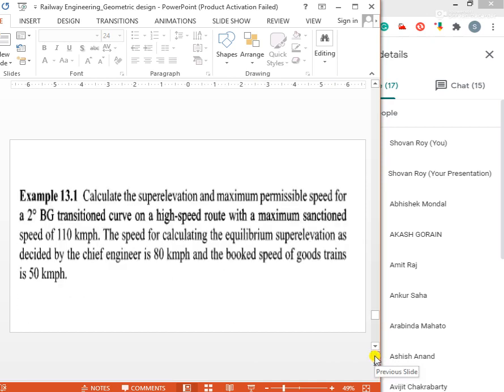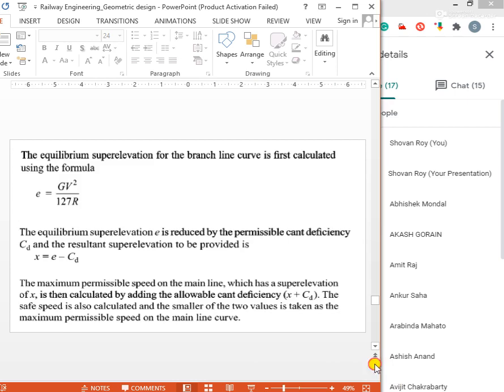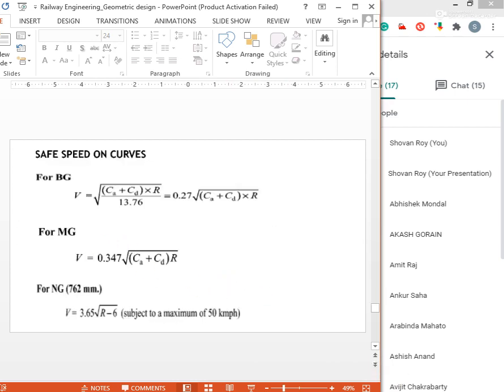And after that, the safe speed on curves is required. For all practical purposes, safe speed refers to a speed which protects a carriage from the danger of overturning and derailment and provides a certain margin of safety.